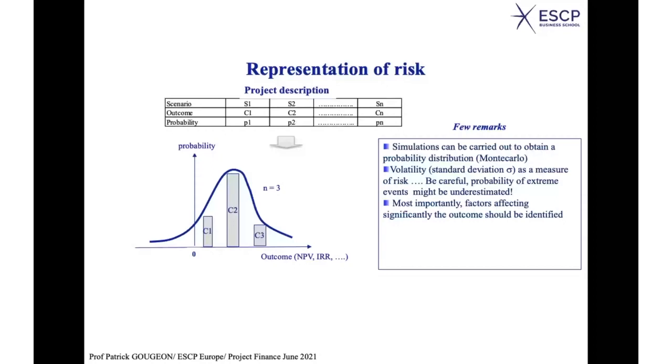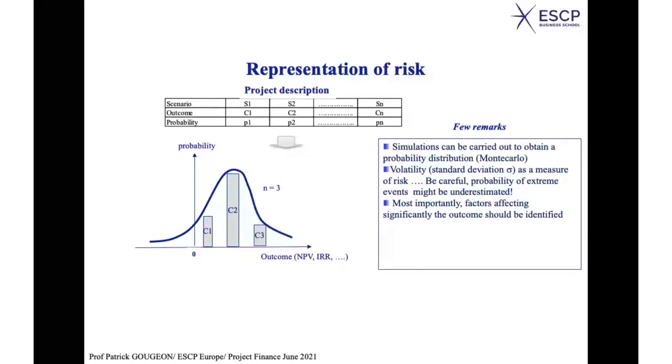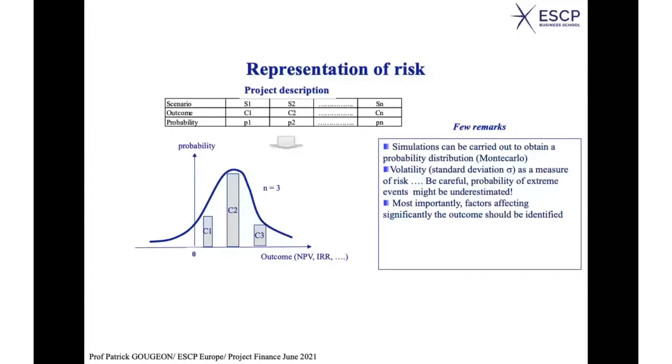Indeed, if you can show that one parameter, let's say the foreign exchange rate, has a strong influence on the final outcome, then what does it mean? It means that either you need to have a good forecast of the foreign exchange rate, and if you cannot, if you are really exposed to the volatility of this exchange rate, try to find a way to hedge that risk, because that risk would be very important and would have a strong influence on your outcome.